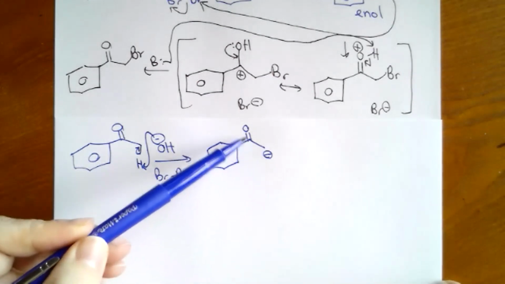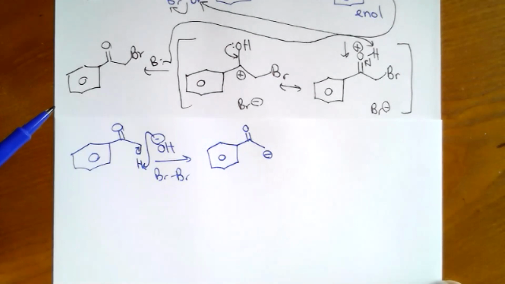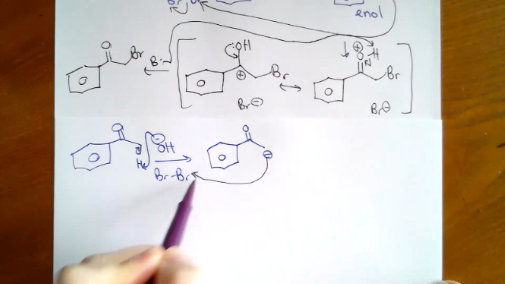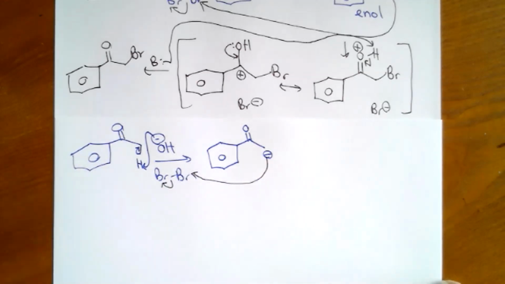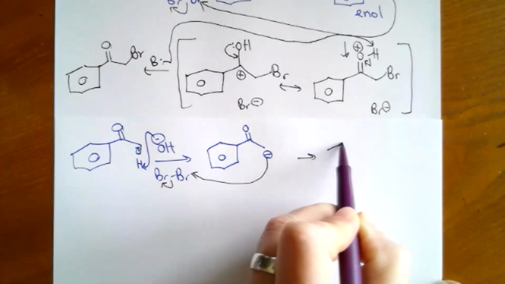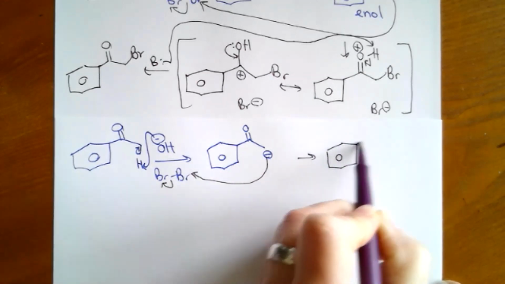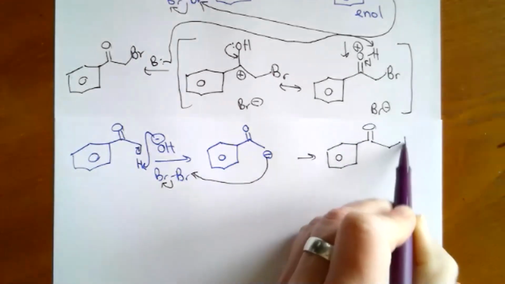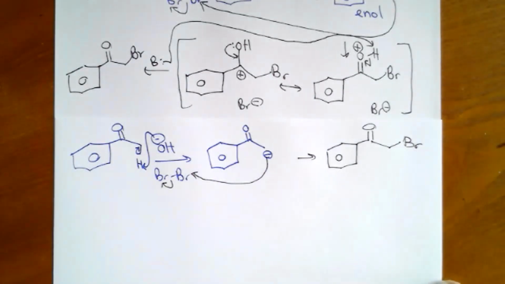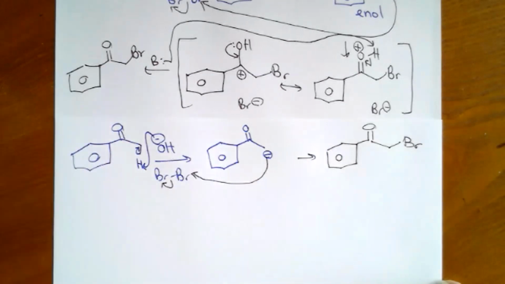You can draw the resonance of this enolate if you want to, but I like to keep it in the carbanion version, because it's the carbanion version that attacks the thing that's ready to be added. Well, that's cool. That's the same product I just made.